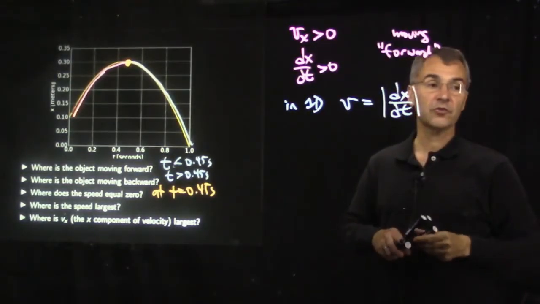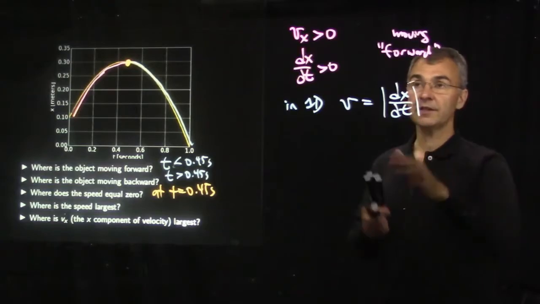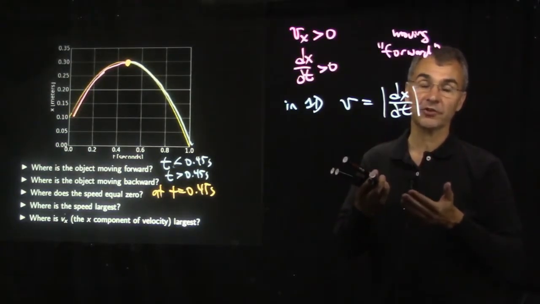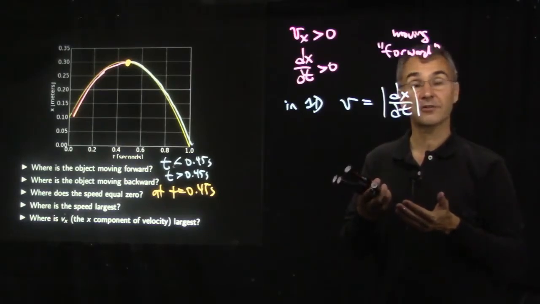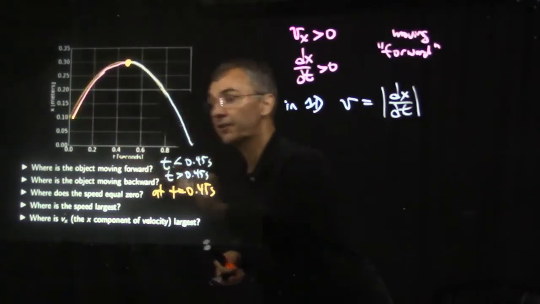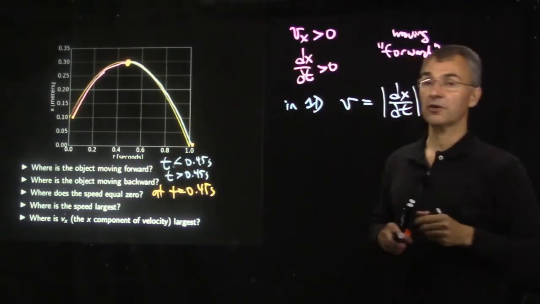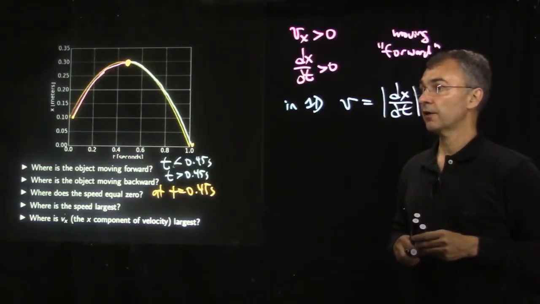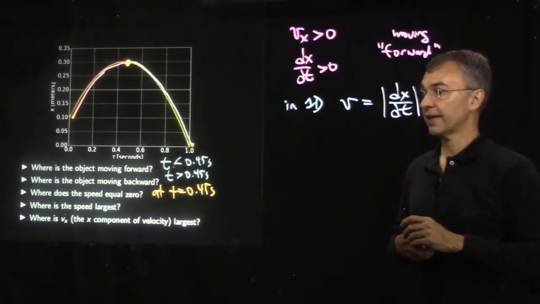Where is the speed largest? Well, the speed is the magnitude of the slope. So that's not the same as where is the slope largest. It's where is the slope largest in magnitude. So the slope seems pretty big here, and it seems pretty big here. Which one is bigger in magnitude? Well, let's see if we can work that out.